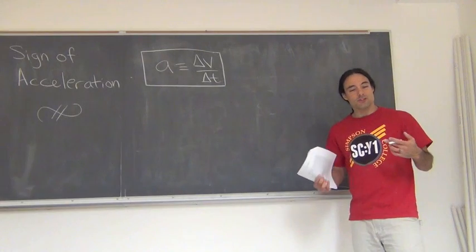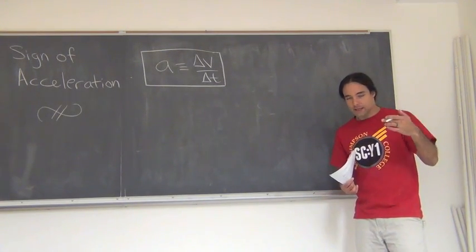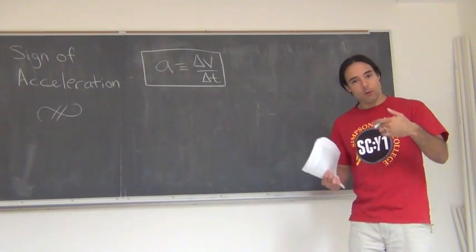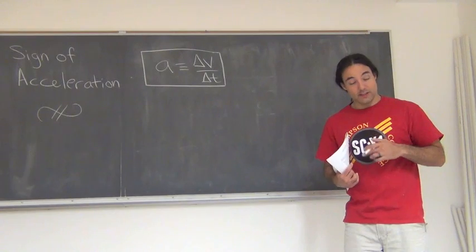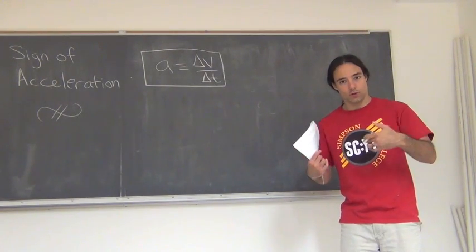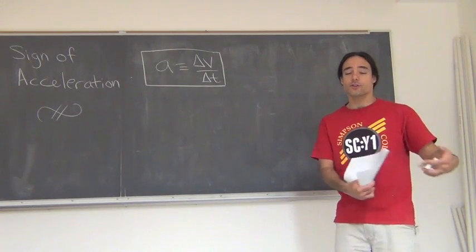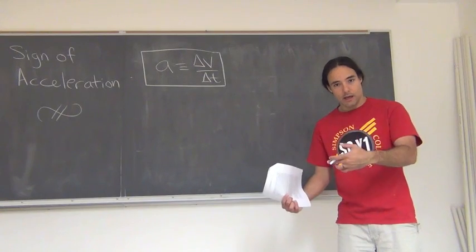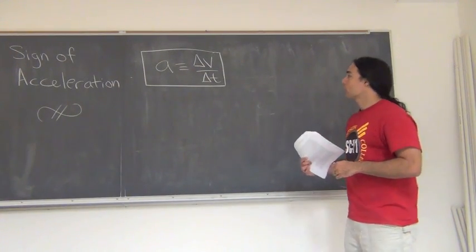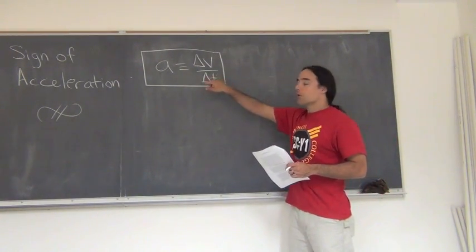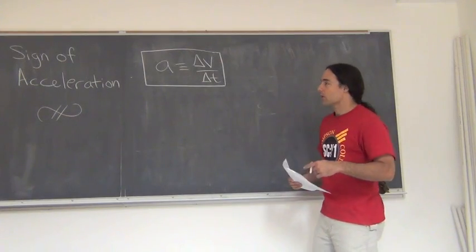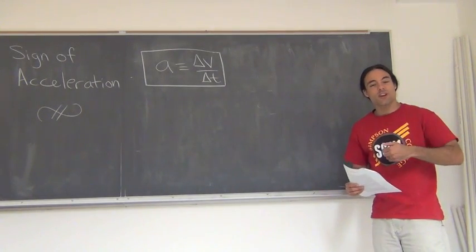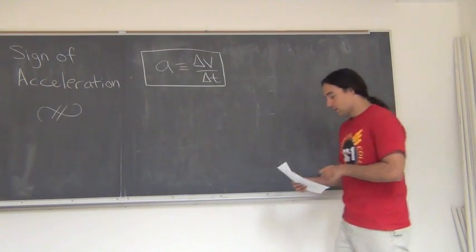Now, that seems pretty straightforward, but it's actually pretty counterintuitive if you think about what the sign of the acceleration is. It has to do with how we talk about motion in everyday terms versus how we talk about motion as physicists. A normal person, if they're talking about acceleration, will say that an object is accelerating or decelerating.